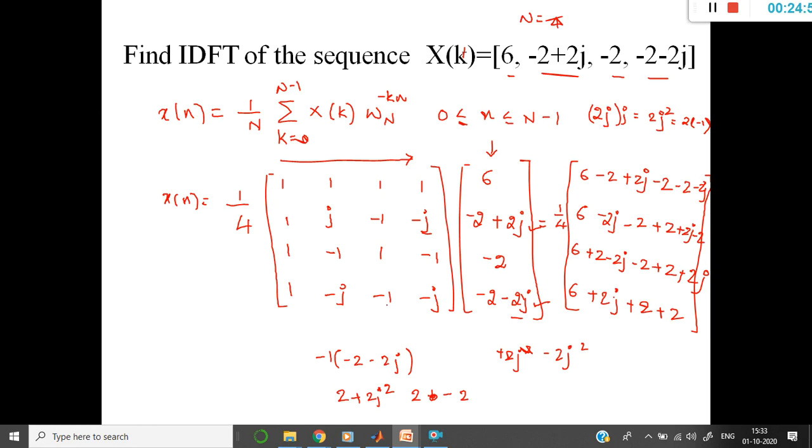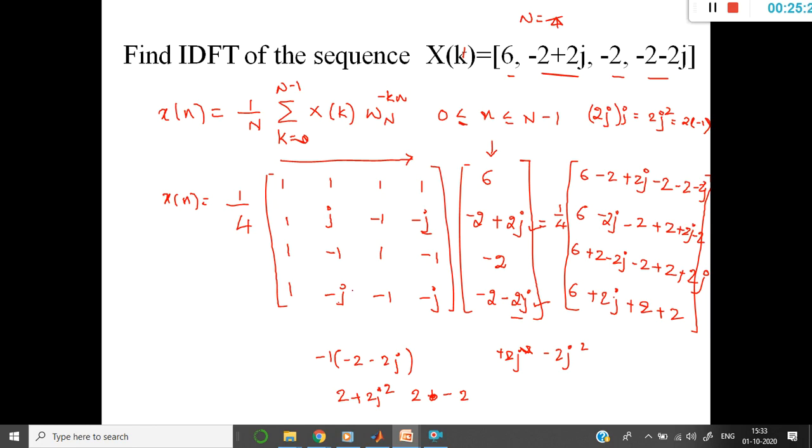Okay, somewhere else I'm, just a minute. Excuse me, sir. Yes. I think the formula you took is wrong, sir. Second row, second element is minus j, sir. This is j.